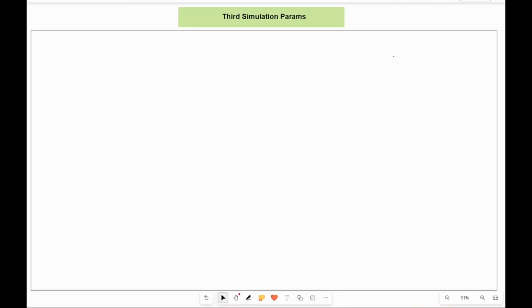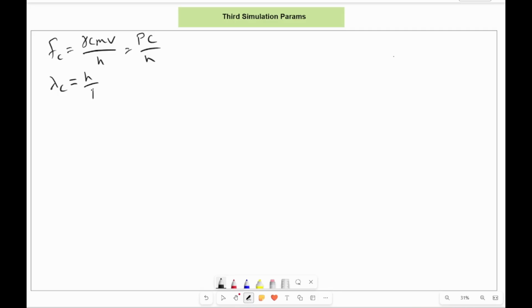Okay, so let's look at these parameters before we run it. This is just what we were saying, but now we're going to add the relativistic equations in here so there are no concerns later.